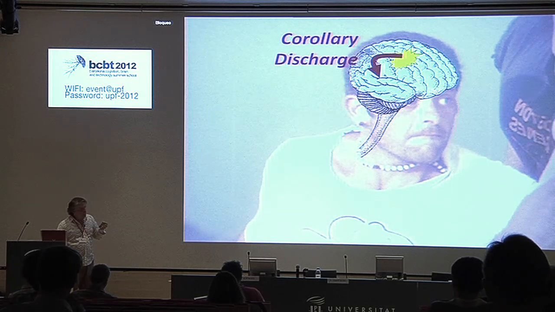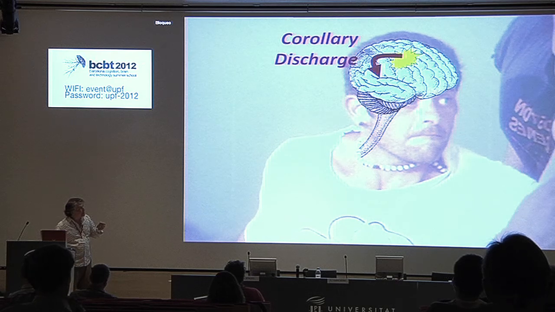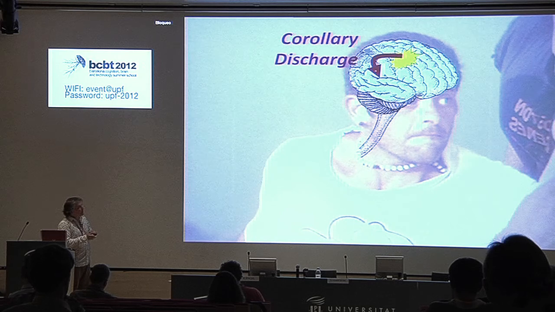So that would be an example, if such a pathway exists, and we don't absolutely know if it exists for this system, but that would be an example of a corollary discharge pathway for neck movement to auditory cortex.